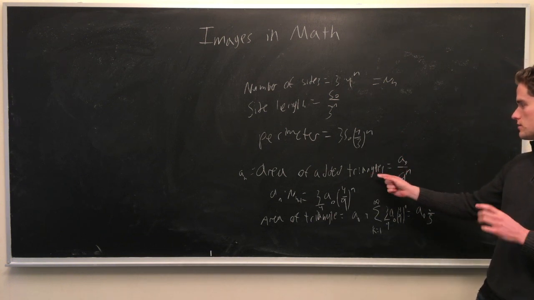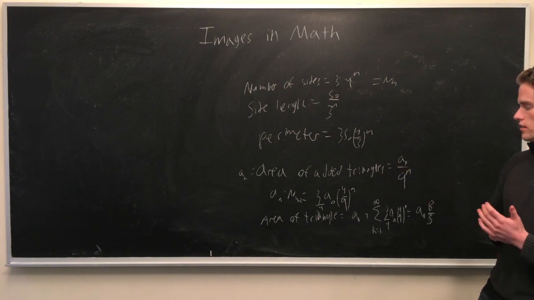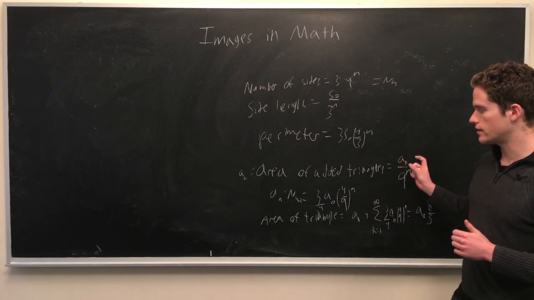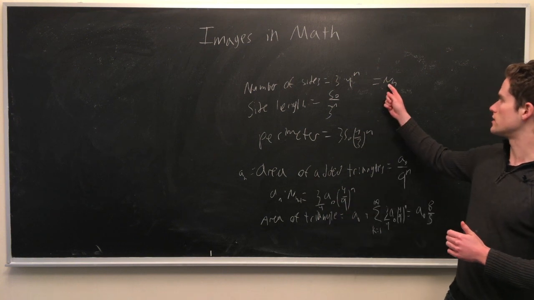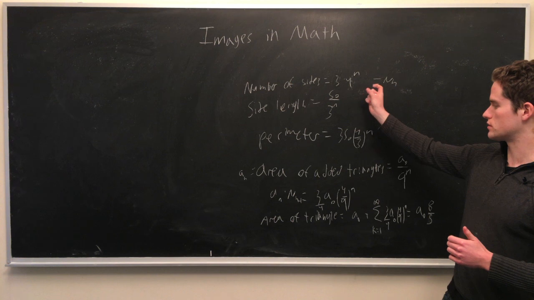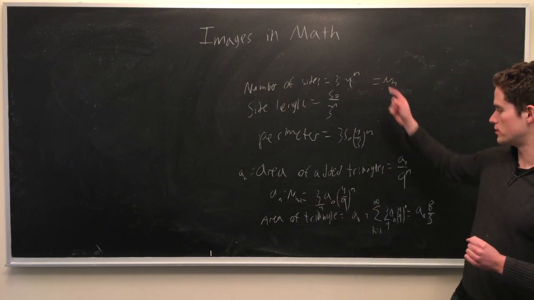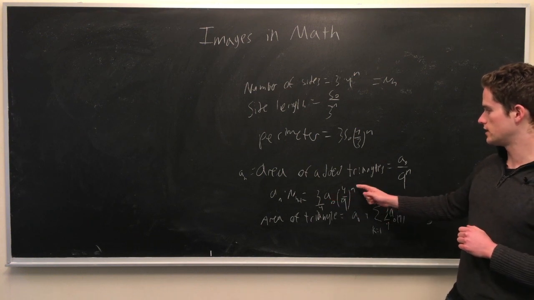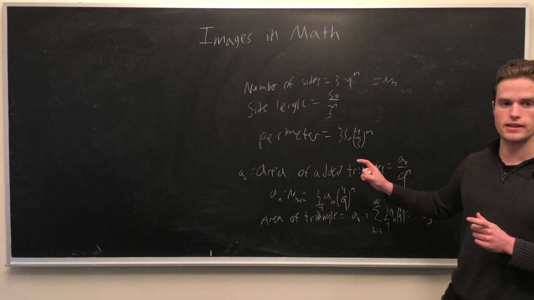So the area of each triangle is the initial area over 9 to the n, the nth iteration. And the number of these that are added is the same as the number of edges in the previous iteration. Say little n is the number of sides we have; at step n minus 1, this is 3 times 4 to the n minus 1. So this gives us (3/4) a0 times (4/9)^n.